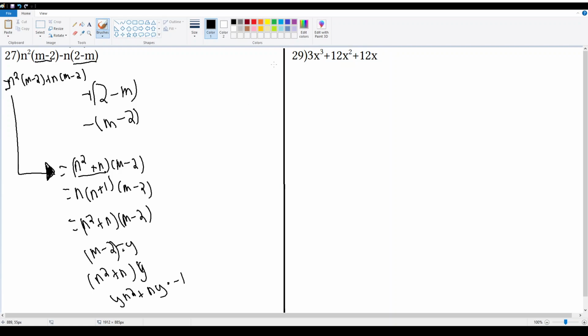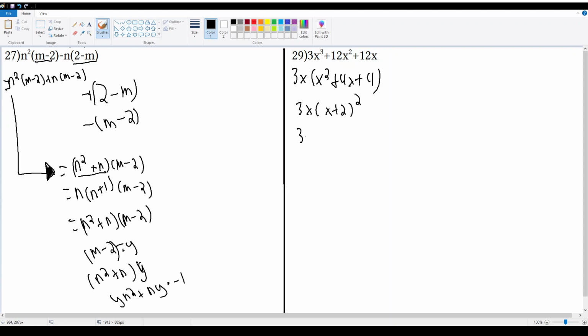So for the second one, this one is probably even easier. We take out the 3 and the x, because this all can be divided by 3x. So we have 3x times (x squared plus 4x plus 4). And look at that. This is already easily factored. (x plus 2) squared.